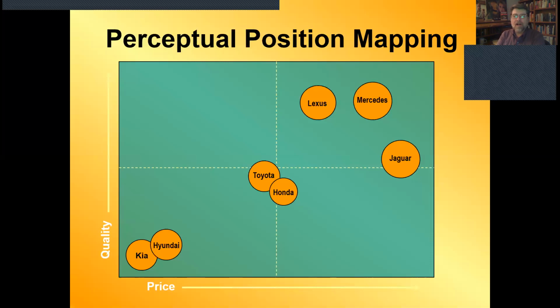Jaguar would be very high on that third axis of beauty, or sexiness, or whatever you want to call it. So there's not necessarily just two dimensions here, but something to consider. If you want to figure out where you're going to be positioned, you have to look at where your competitors fit in a perceptual map.